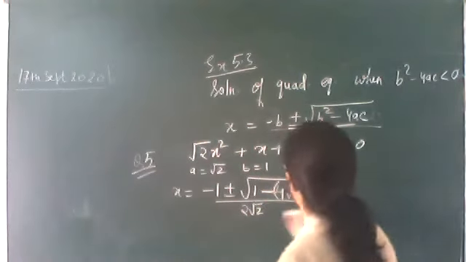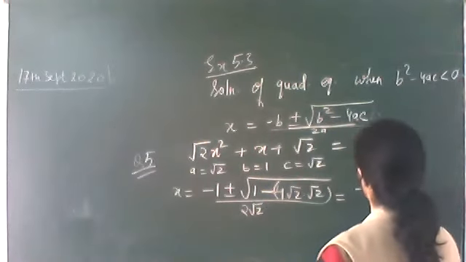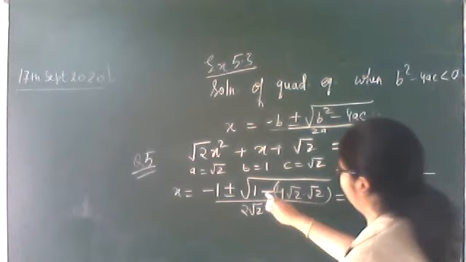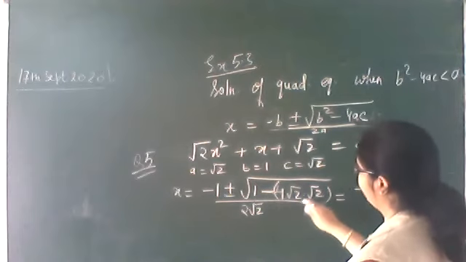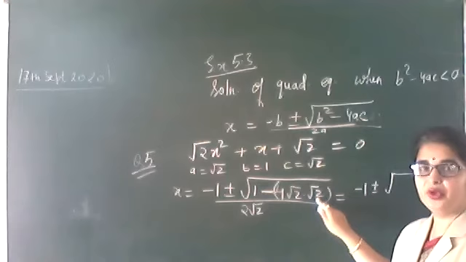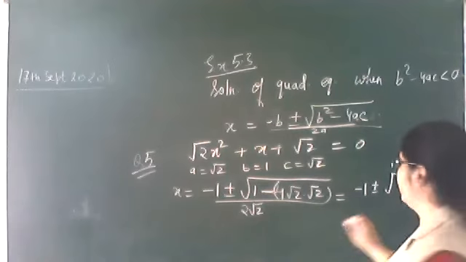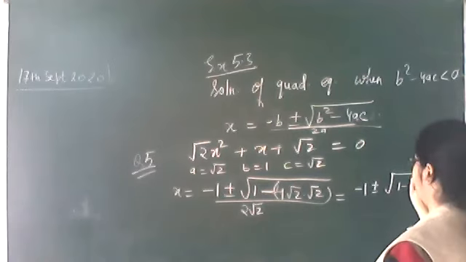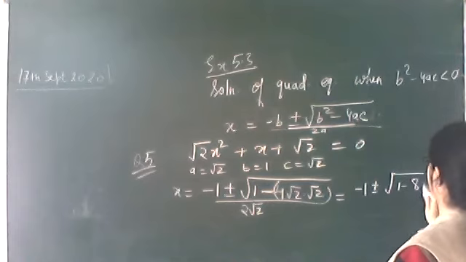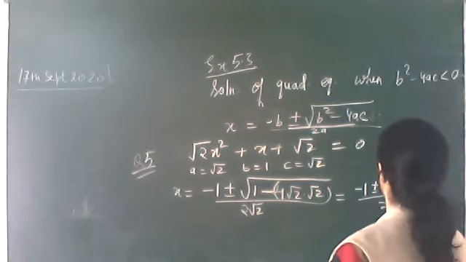Now this can be written as minus 1 plus minus root of 1 minus 4 into root 2 into root 2, which is 2. 2 into 4 is 8. So 1 minus 8 upon 2 root 2.